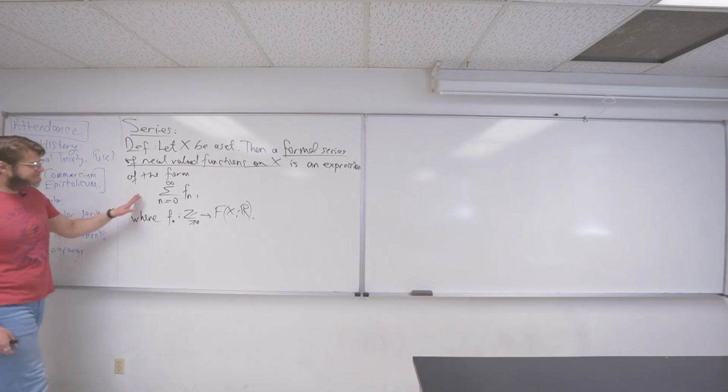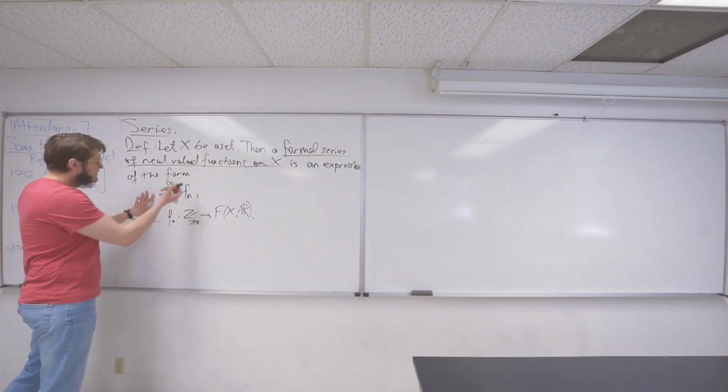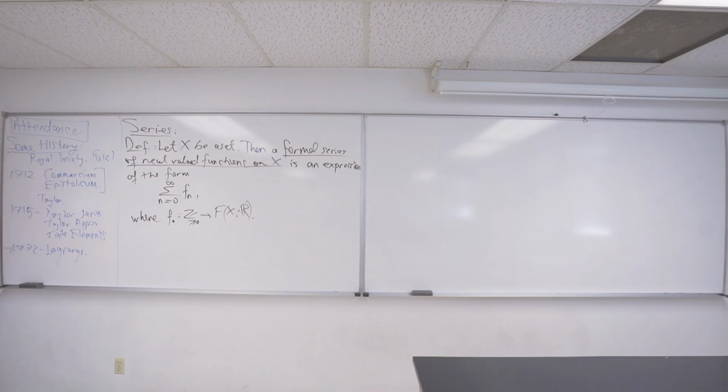The point here is that even though there's an infinity involved, I am allowing myself to write this down formally without worrying about whether or not this makes sense as a function in and of itself.